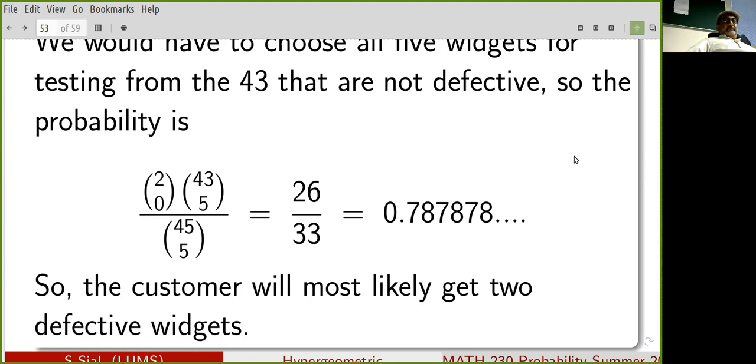We had 45, we tested 5, so we're shipping 40, and there's a 79% chance that 2 defective widgets are going to be sent with those 40.